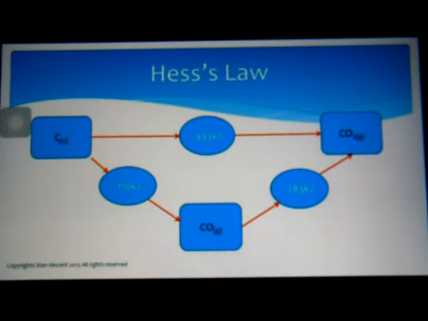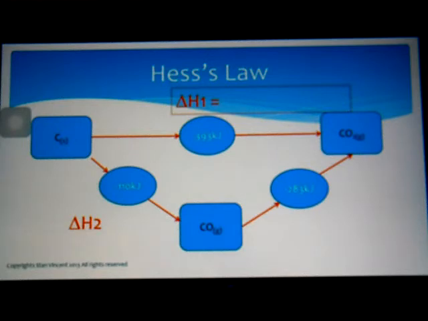So step 1, converting carbon to carbon monoxide, plus step 2, converting carbon monoxide to carbon dioxide. When you add the energy changes for both, it is equal to the energy change that is taking place when 1 mole of carbon dioxide is forming from its elements. Or we can look at it this way. Let delta H1 be the enthalpy change for the reaction in a single step.